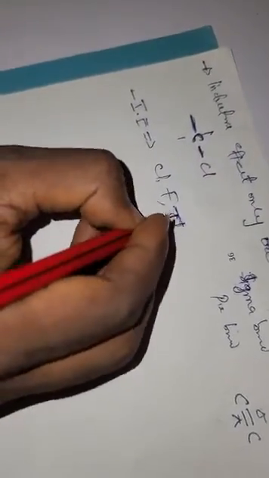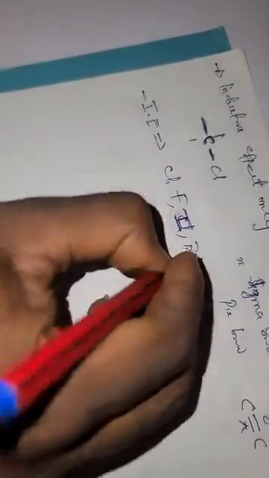Alright, we have types of inductive effect. I will explain that. We have the negative inductive effect, which is denoted as the minus I effect. This is the electron withdrawing or electron attracting inductive effect. You see it in chlorine, NO2, SO3. Examples are compounds that have chlorine, fluorine, iodine, bromine.